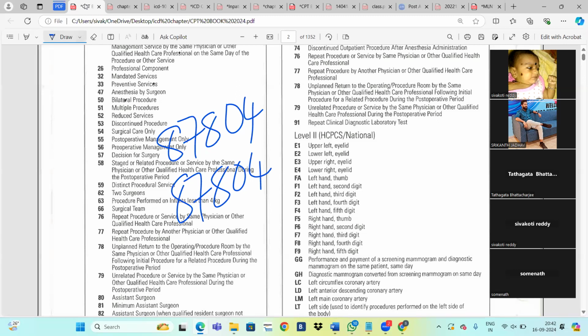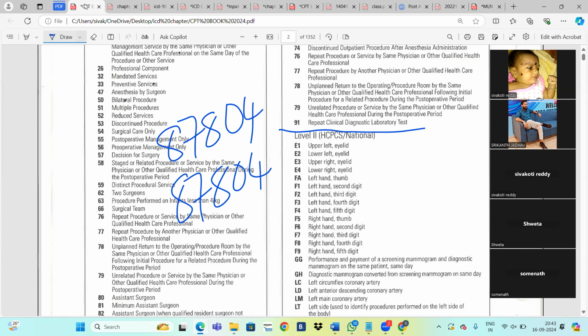So if any pathology test is repeated on the same day, you need to use 91, repeat clinical diagnostic laboratory test. If they did the same lab on a different encounter, then no modifier is required, because on different encounters you will code 87804 one time only.